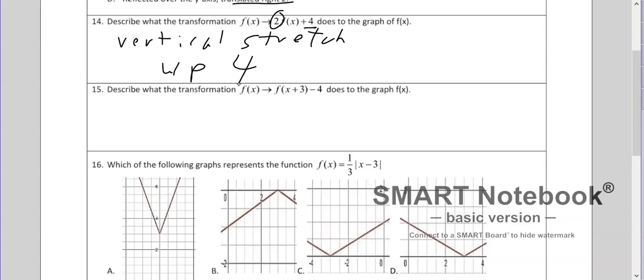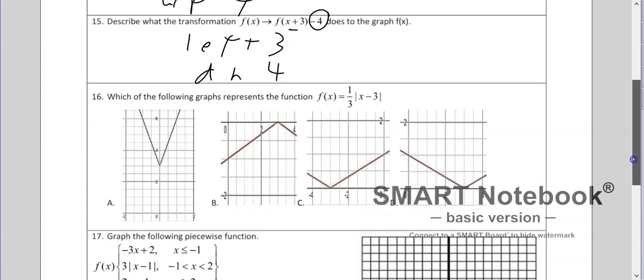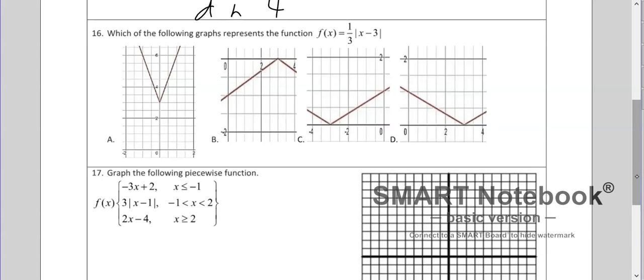Okay, number 15. What happens between these two? Well, the plus 3, remember, inside lies, so that's left 3. Negative 4 on the outside means down 4. Which of these following is a good graphic representation? Well, absolute value, it's going to be a V shape.